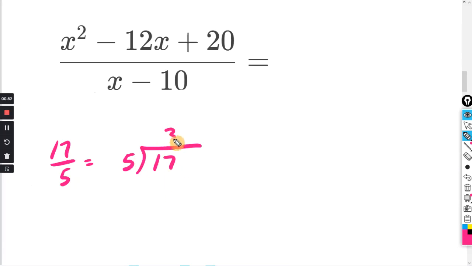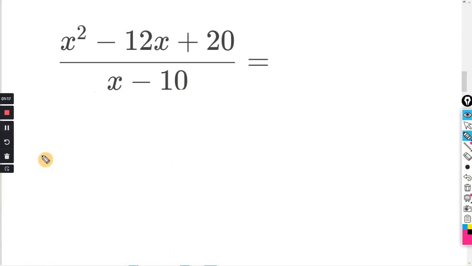Well, the closest is 3, and you would say 3 times 5 is 15, and then subtract 17 minus 15, that's 2. So the remainder would just be 2. Okay, now in this case, there's going to be no remainders, but we're still going to divide this in the same way that we did in elementary school.